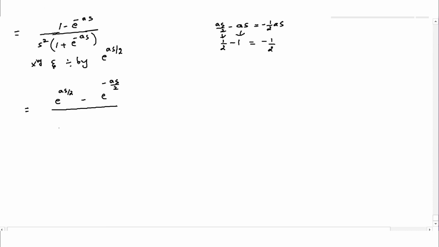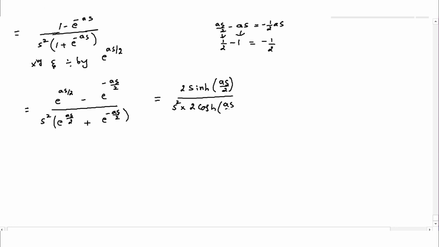Also the same thing you can do. It is e power of as by 2, it is plus e power of minus as by 2, and this s square will remain as it is. So this is nothing but it is 2 times of sinh as by 2, whole divided by this s square as it is, times of 2 times of cosh as by 2.